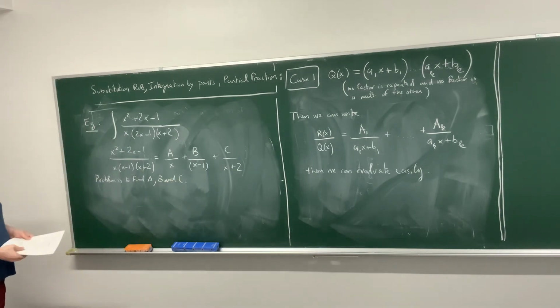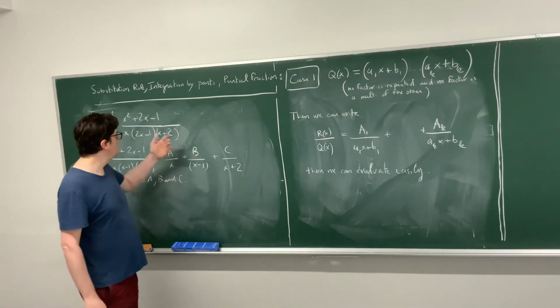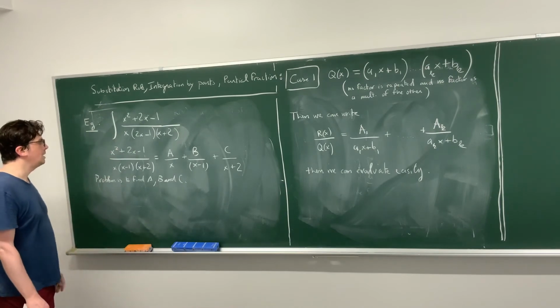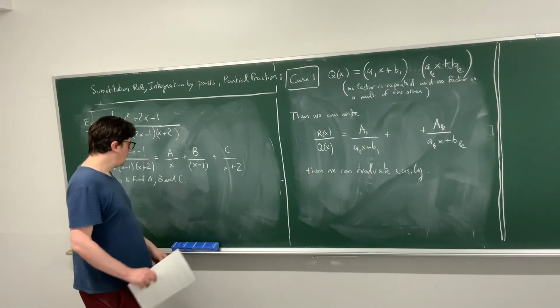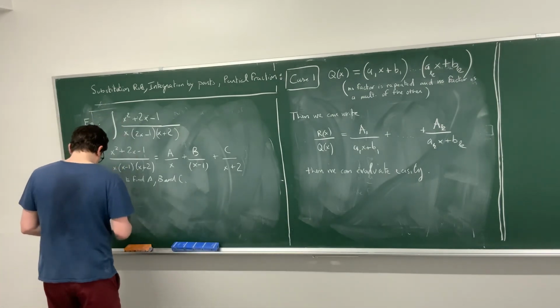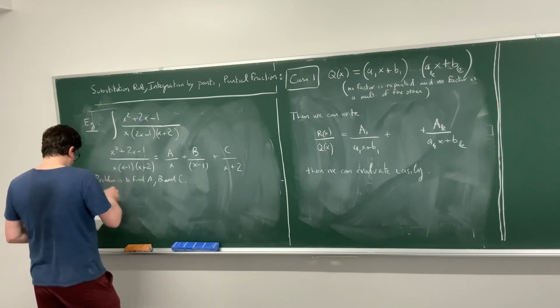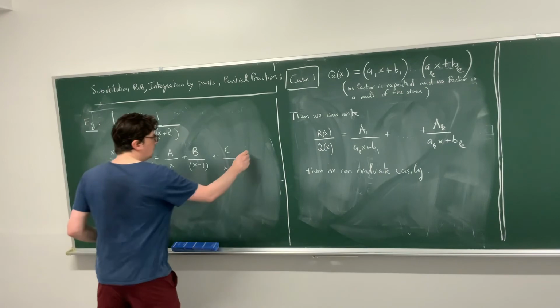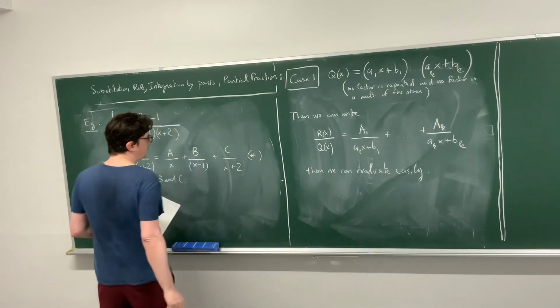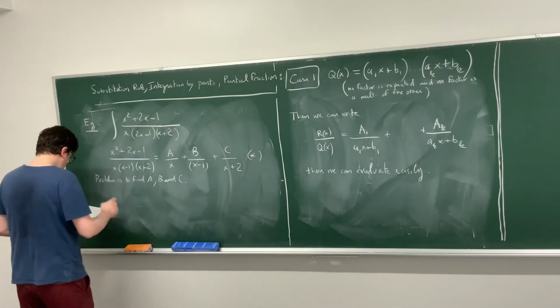Because once you have found a, b, and c, then you will be able to integrate easily. So how do we find a, b, and c? This is quite easy. Let's call this star.